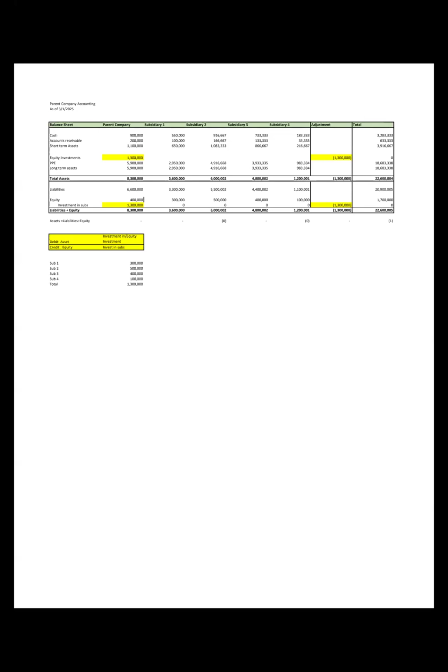But what's unique here is the elimination of 1.3 million, because basically what you have here is you're taking the equity of the subsidiaries and you're putting it on the parent company's books. So that 1.3 million is going to double up if you don't eliminate it, right?